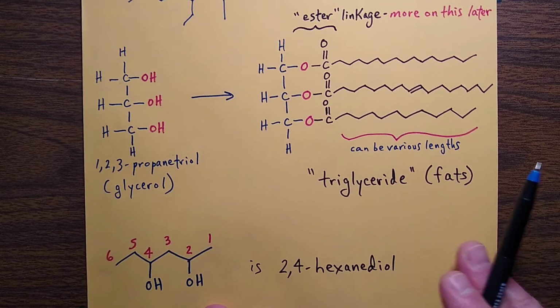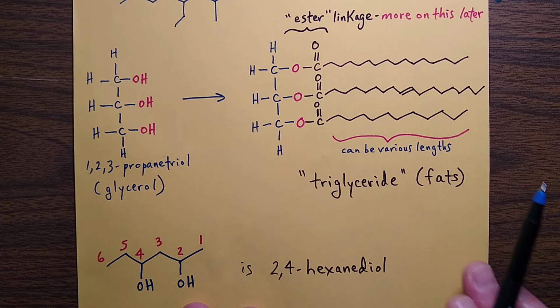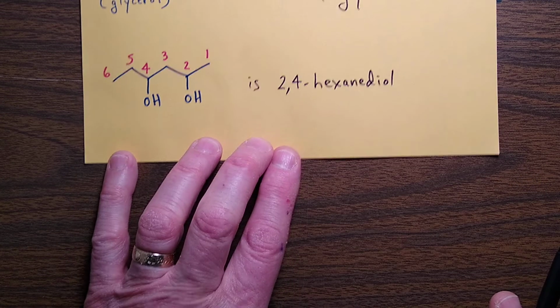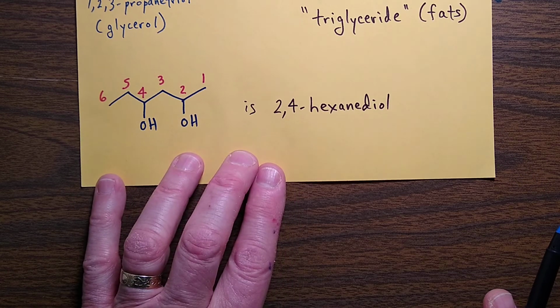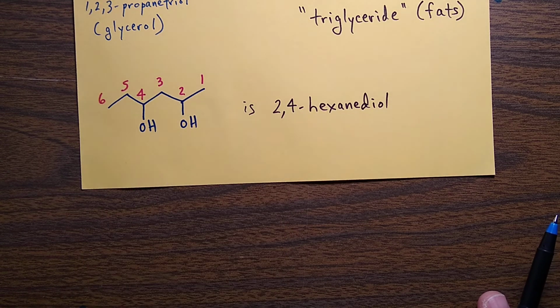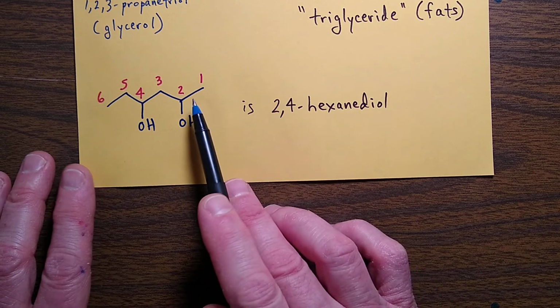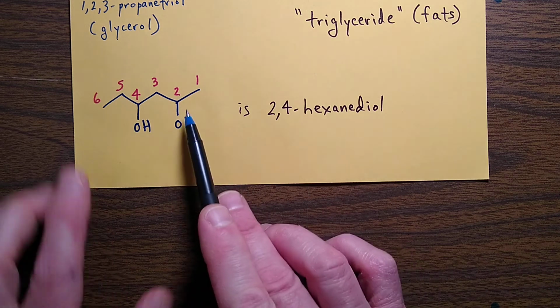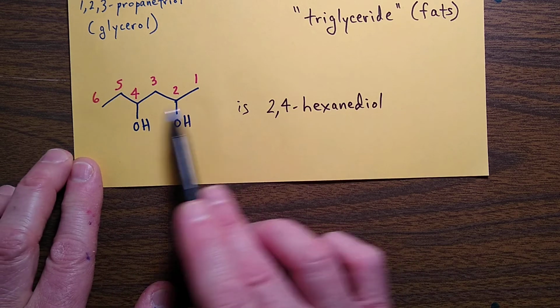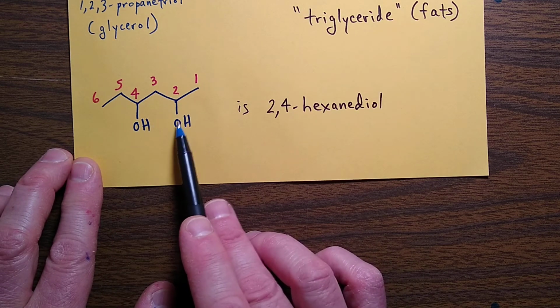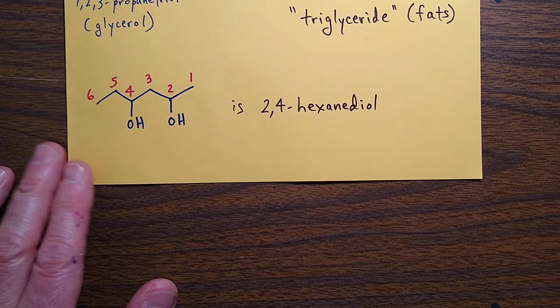Now, there are many alcohols that contain more than one OH. Sometimes they contain 2 OHs. So those are named in a little different way. How do you name them? Well, let's just say you picked this as your parent name, like this is the number 1 position. How would you do that? There is no way to do it really.